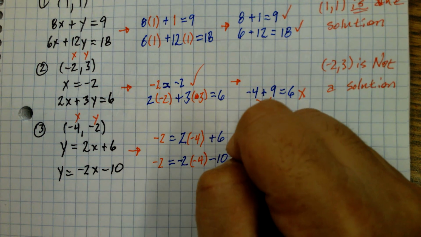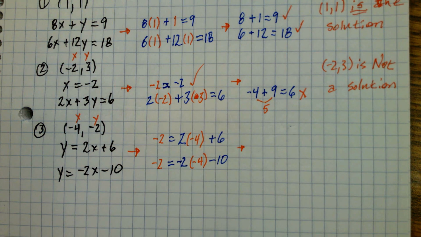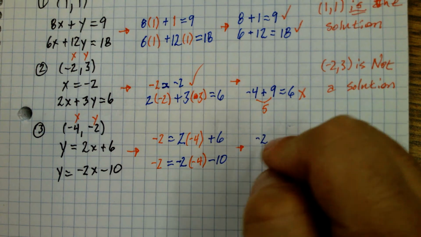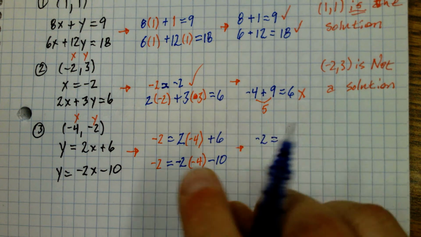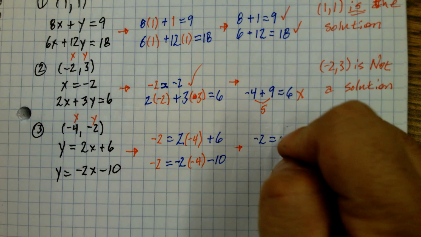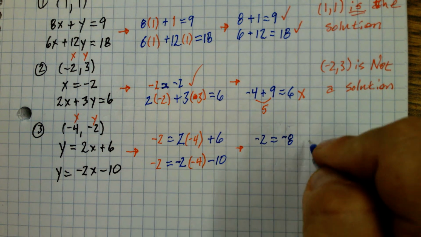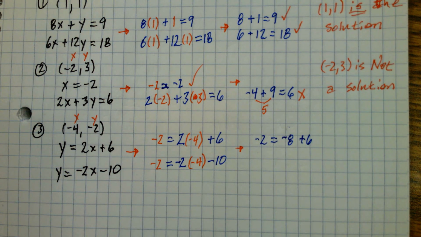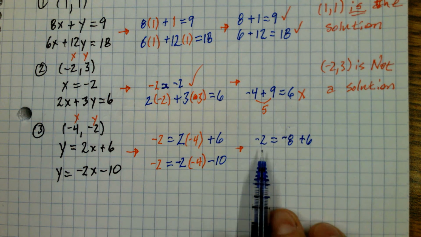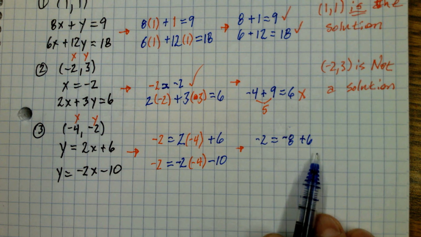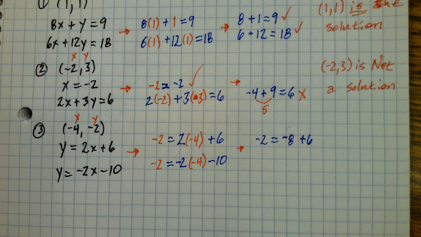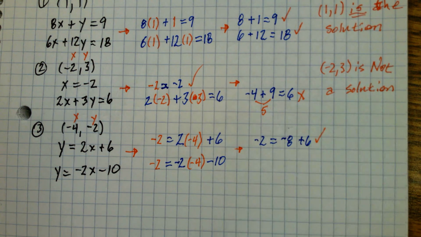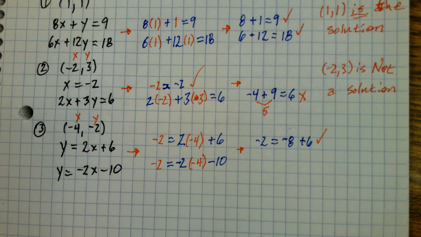Next step, I'm going to show my next step this way. Negative 2, that's this one, equals 2 times negative 4, so it's negative 8 plus 6. Now, go ahead and do the math. Is negative 2 equal to negative 8 plus 6? Yeah. I mean, you can figure it out later, but yeah. So that one's true. That means we have to go on to the next one.